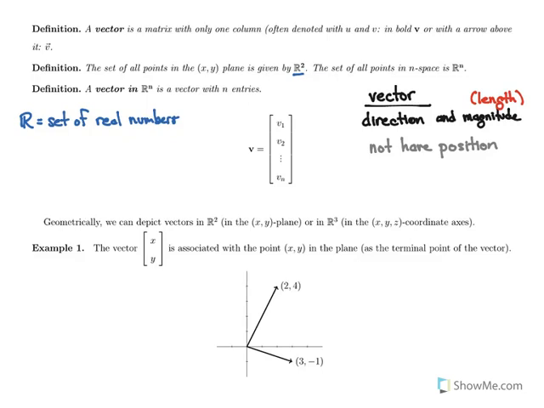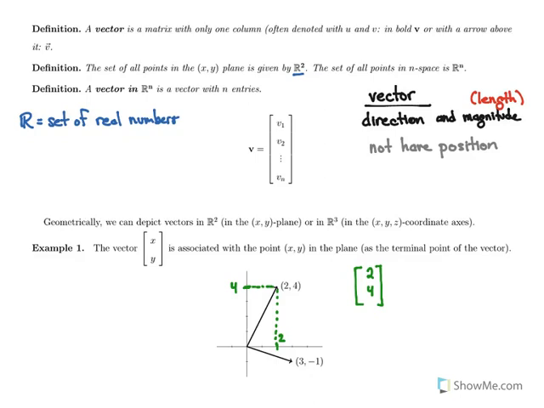So an example of that, the vector xy is going to be associated with the point x comma y in the plane. So for instance, if we have the vector 2, 4, this corresponds to going over 2 units in the x direction and up 4 units in the y direction. Corresponds to that point right there.